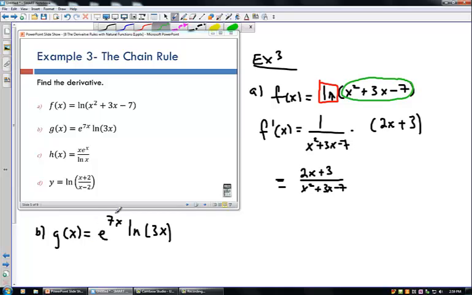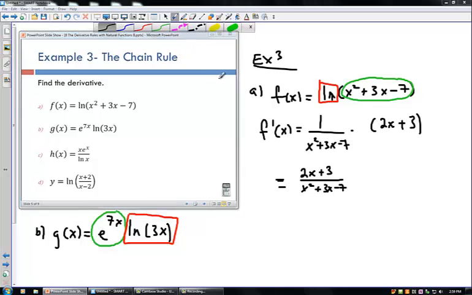So what you have here is the first function, e to the 7x, times the second function, which is this ln of 3x, and then it becomes obvious, since you're multiplying, you're going to use the product rule. And so let's take the derivative of this.